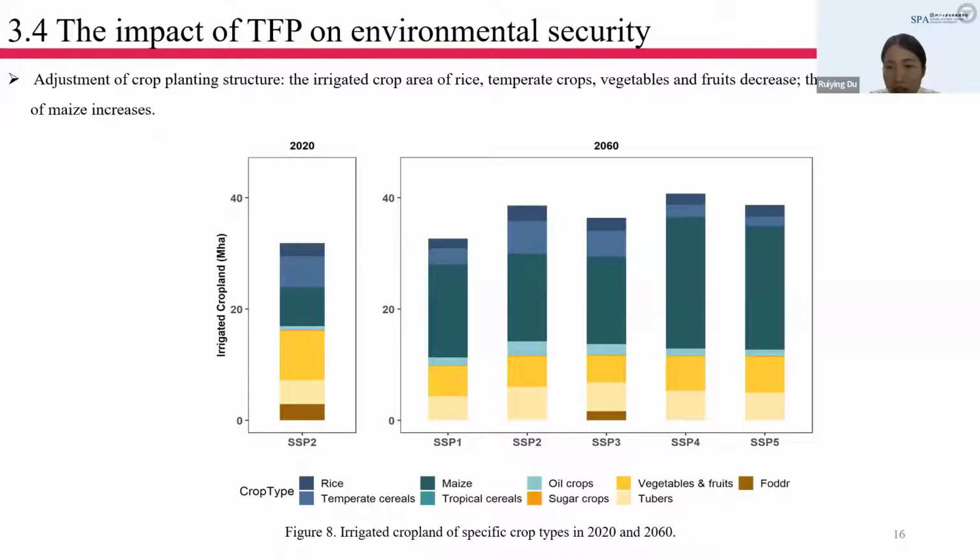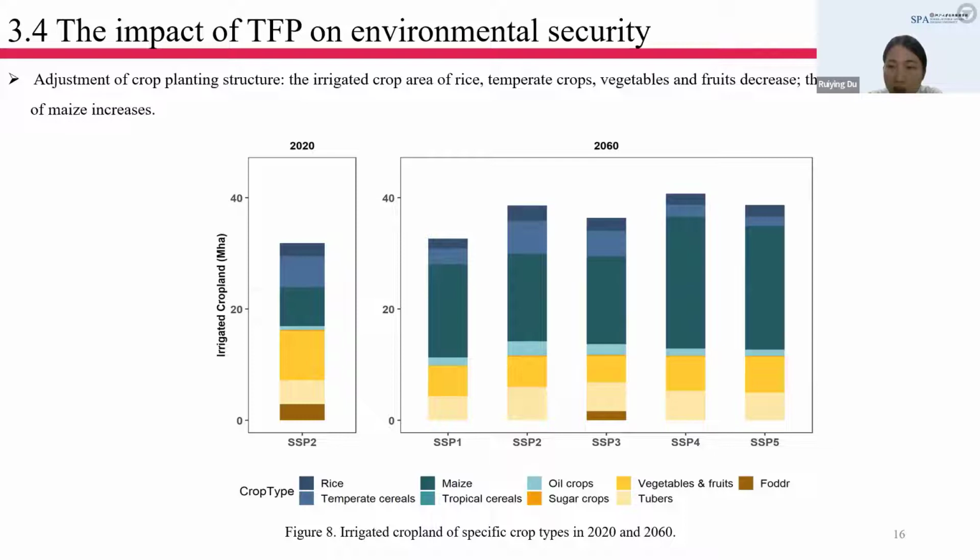The irrigation water used by these 5 types of crops also accounted for 93% of the crop irrigation water. Given the changes in demand, the acreage of rice, temperate crops, vegetables, and fruits decreased, while that of maize increased.